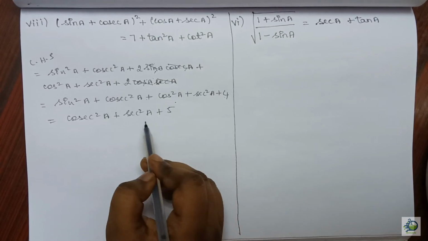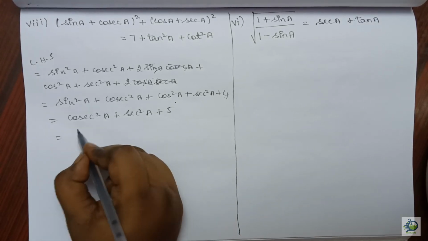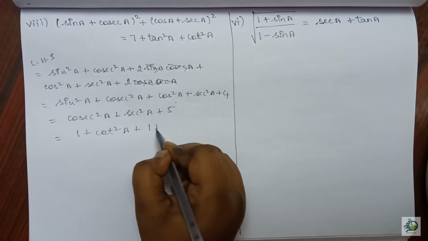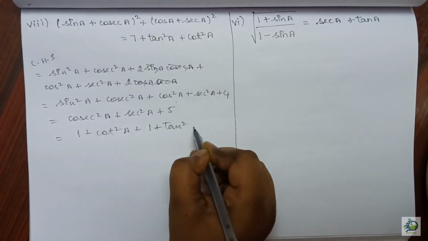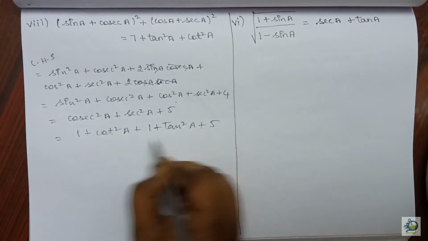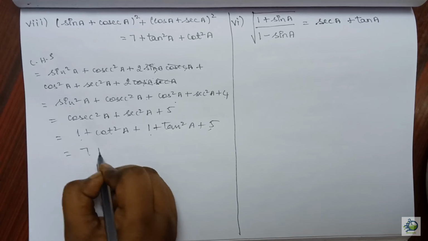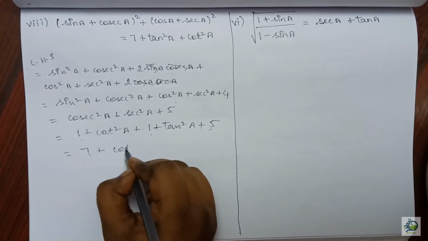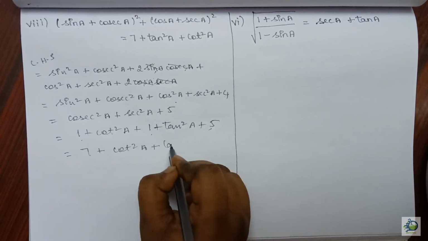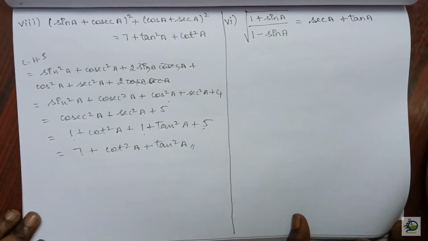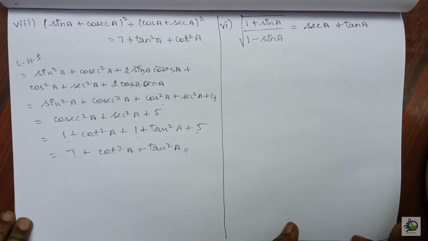Now we can write cosecant square A as 1 plus cot square A and secant square A as 1 plus tan square A plus 5. So 1 plus 1 is 2, 2 plus 5 is 7 plus cot square A plus tan square A. Hence proved.